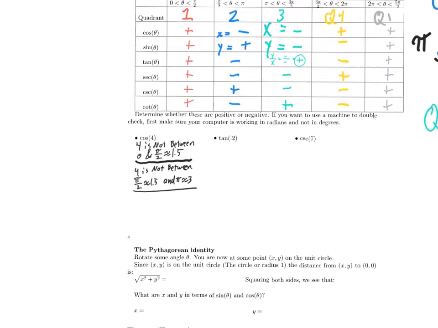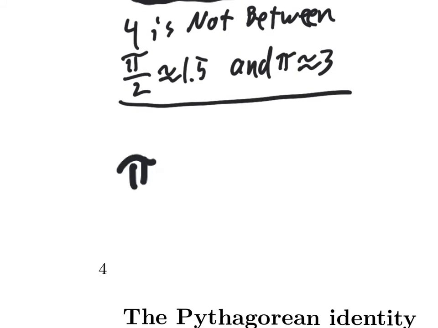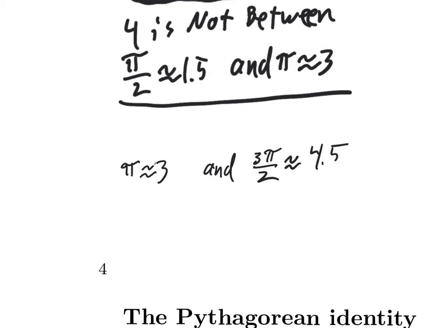All right, let's see if it fits into the third category. I want to know if 4 is somewhere between pi, which is approximately equal to 3, and 3 pi over 2. So pi is 3-ish, so the top is 9-ish, divided by 2 is 4.5-ish. Is 4 between a number that's close to 3 and a number that's close to 4.5?